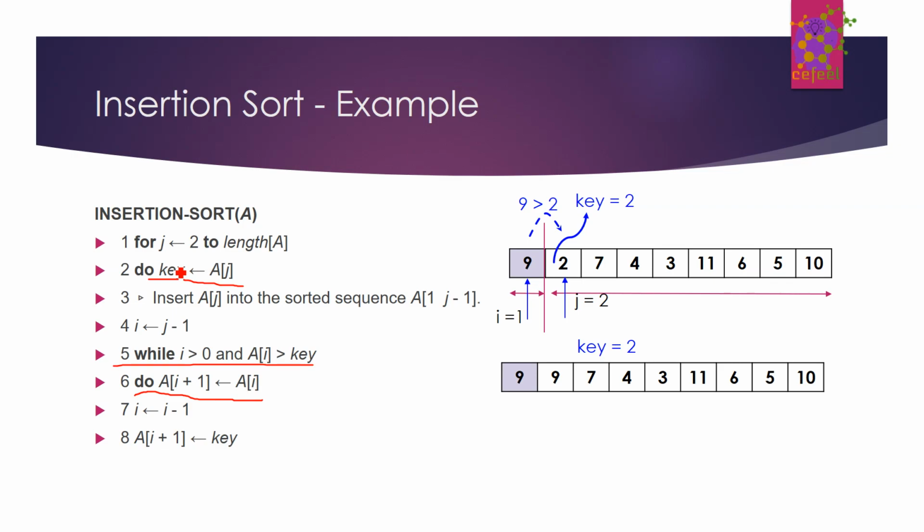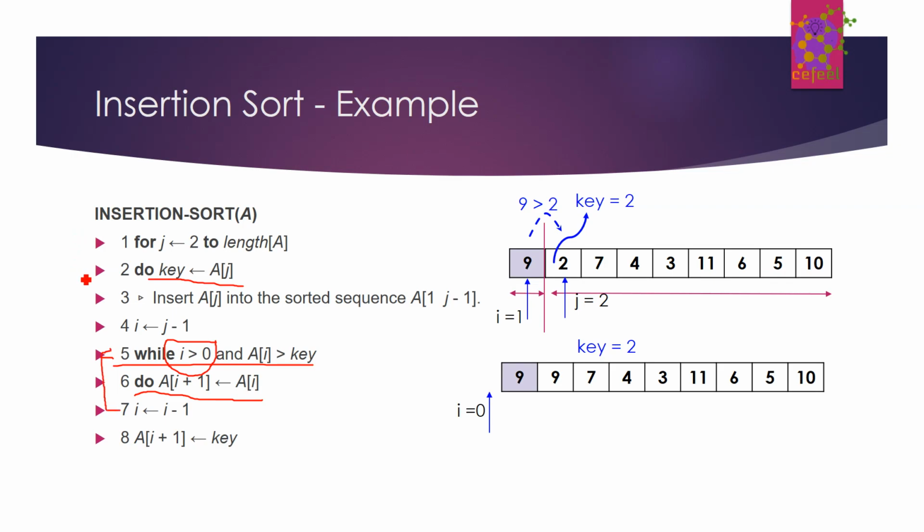Once we do that, we decrement i equals i minus 1, which means i now becomes 0. Because it's a loop, we go to step 5 again to check the condition. Now i is equal to 0, so i greater than 0 fails, and hence we break this loop.